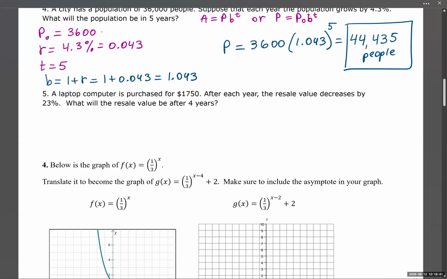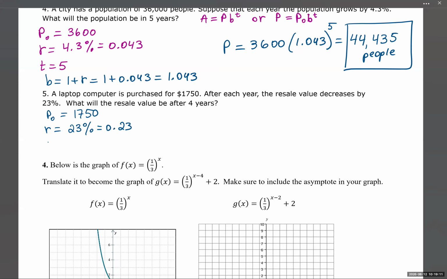Number 5, a laptop computer is purchased for $1,750. After each year, the resale value decreases by 23%. What will the resale value be after 4 years? A similar problem as before. We have P naught, or the initial price, at 1750. Then the rate at which the price is decreasing is 23%, in decimal format 0.23.